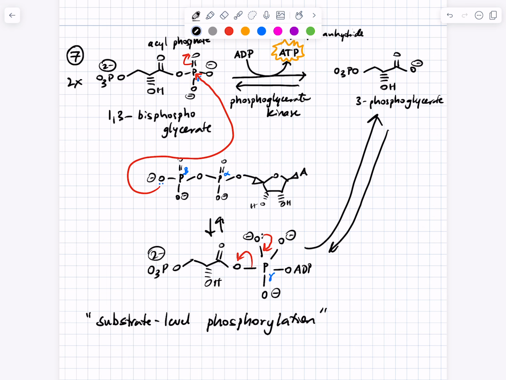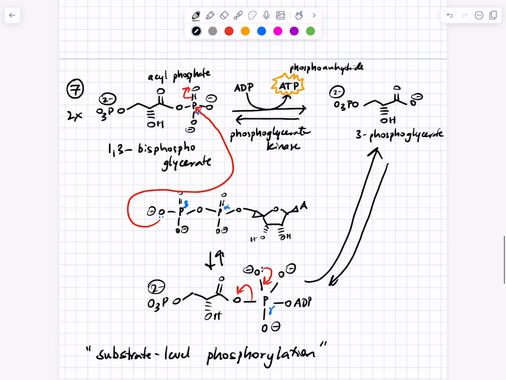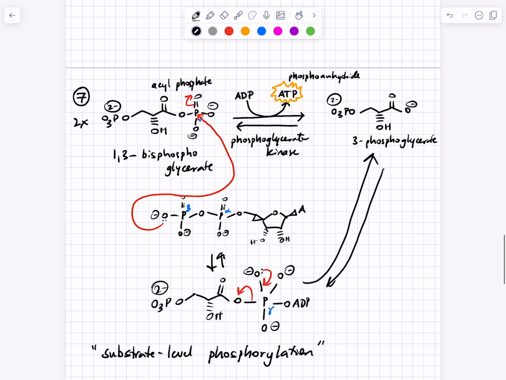All right. So let's talk about step 8. Oh, and I need a 2- on that. Right, just the point that ATP has a phosphoanhydride bond, whereas the starting material has an acyl phosphate bond, and those are similar.